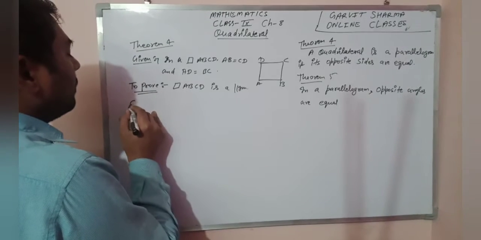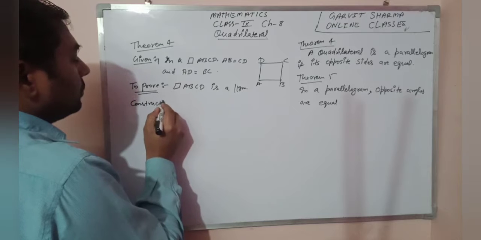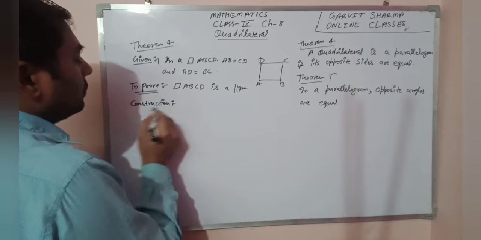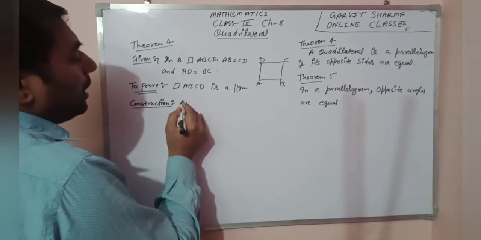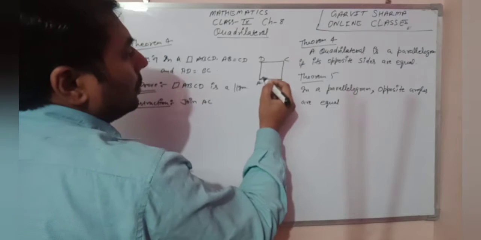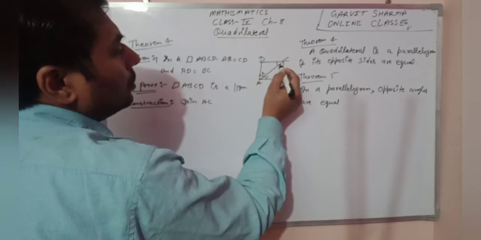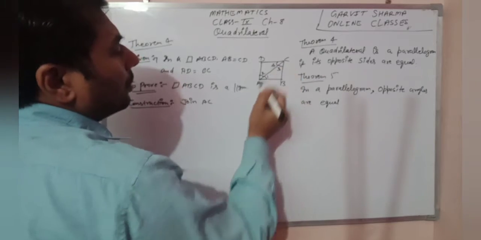Construction. We have to make a construction. Join AC, and give the names 1, 2, 3, 4.